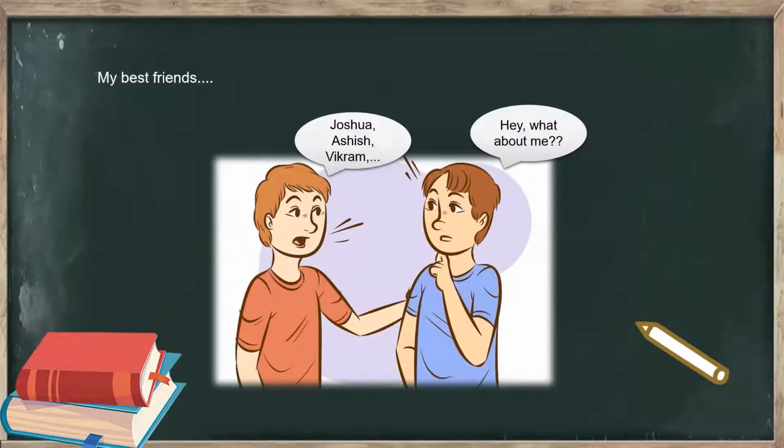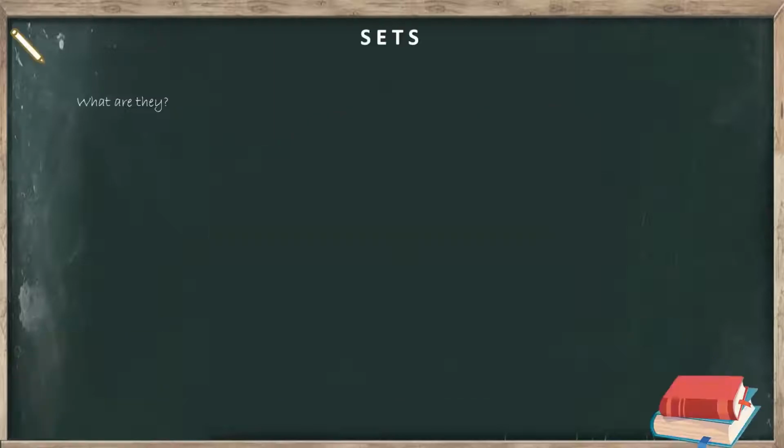In mathematics, we call something a set only if it can be uniformly applied to everyone, and if it can be well defined. Your definition of best friends is different, and my definition of best friends is different. So such examples cannot be taken. Now, sets. What are they?